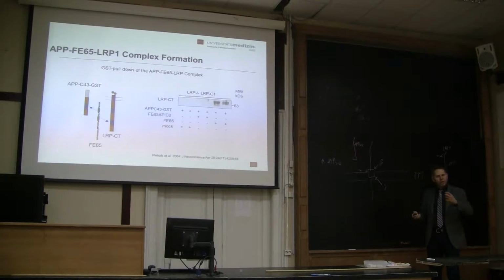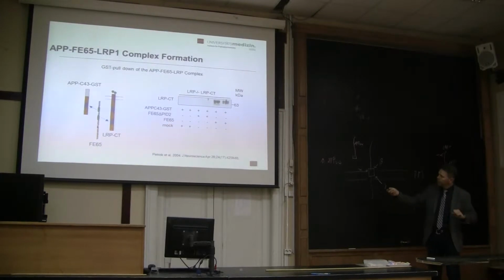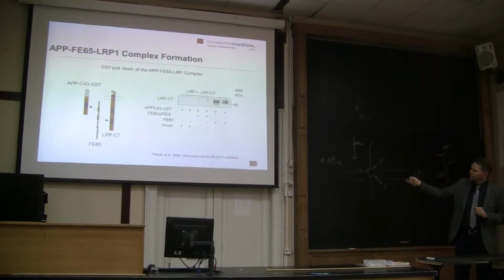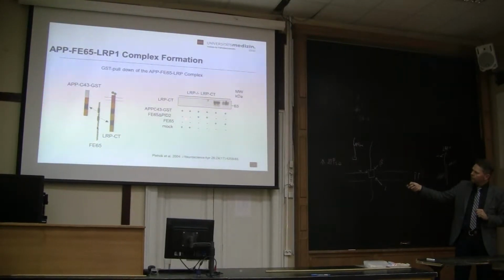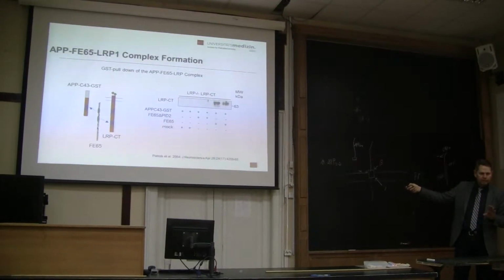So when we had that protein, we could later use this GST tag to bind it to beads. Okay? So we had this lysate, we had these cells, and we transfected them either with nothing, or with an Fe65 construct that lacked one binding domain, or with an Fe65 construct that was completely intact.